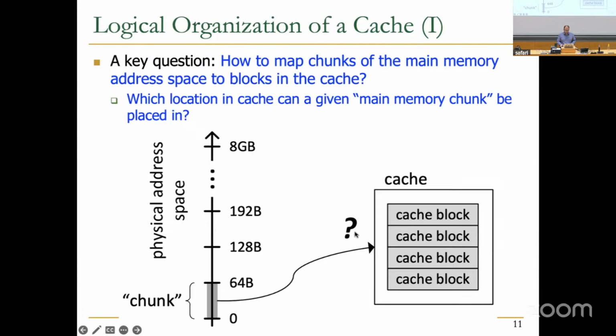But then your cache is a limited-space memory. So of course, you cannot map everything. You cannot keep all these blocks in your cache at the same time because of the capacity limitation. So one of the very first fundamental questions to answer is how we map a chunk of the physical address space to our cache.